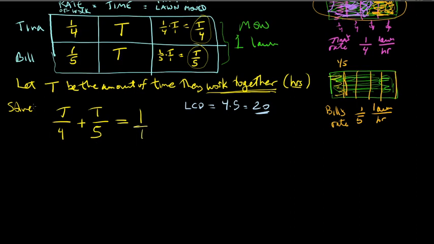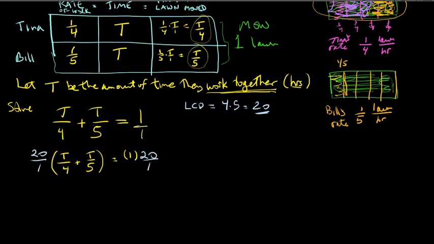So what I'm going to do is take this equation and rewrite it one more time here. t over 4 plus t over 5 is on the left, and 1 is on the right. So we take the LCD, and we multiply left and right, not top and bottom, left and right.